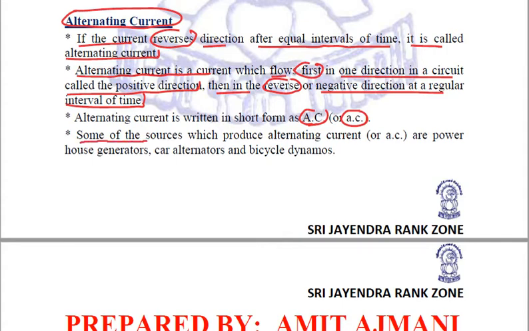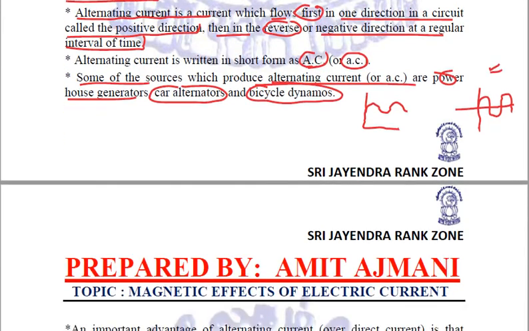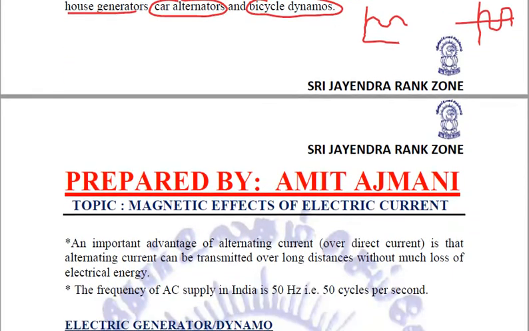Some sources which produce alternating current are powerhouse generators, car alternators or bicycle dynamos. When we plot a graph, the current is shown as a zigzag line. It is either like this or better it is shown like this. This is alternating current. Normally, alternating current is shown like this because the positive and negative directions are represented graphically.